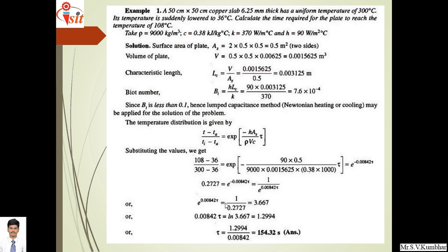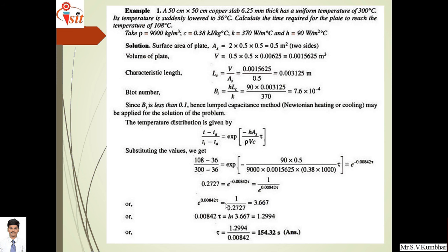Calculate the time required for the plate to reach the temperature of 108 degrees centigrade. Take rho equal to 9000 kg per meter cube, c equal to 0.38 kilojoule per kg degree Kelvin or degree centigrade, k equal to 370 watt per meter degree centigrade, and h equal to 90 watt per meter square degree centigrade.